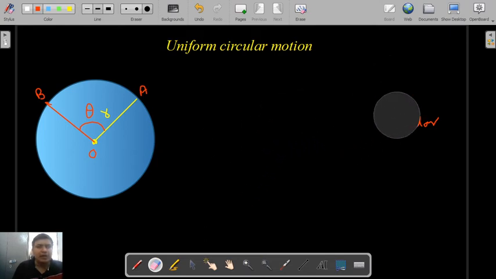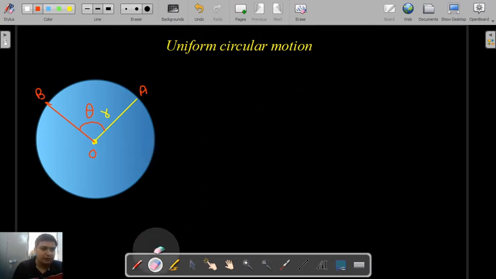Now what was the meaning of uniform velocity? Suppose this is the object over here and this is the object over here, and if it is moving with constant velocity v, then the linear velocity is along the tangent at this point A, and along at point B the linear velocity is along this side.